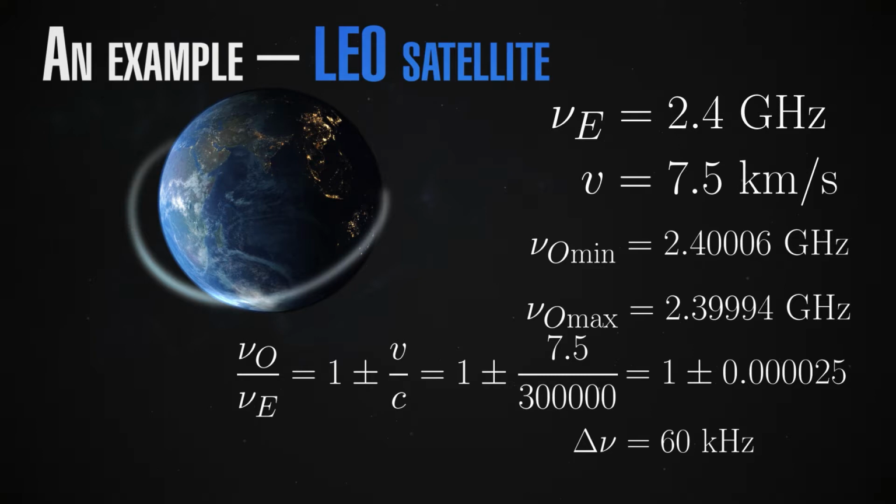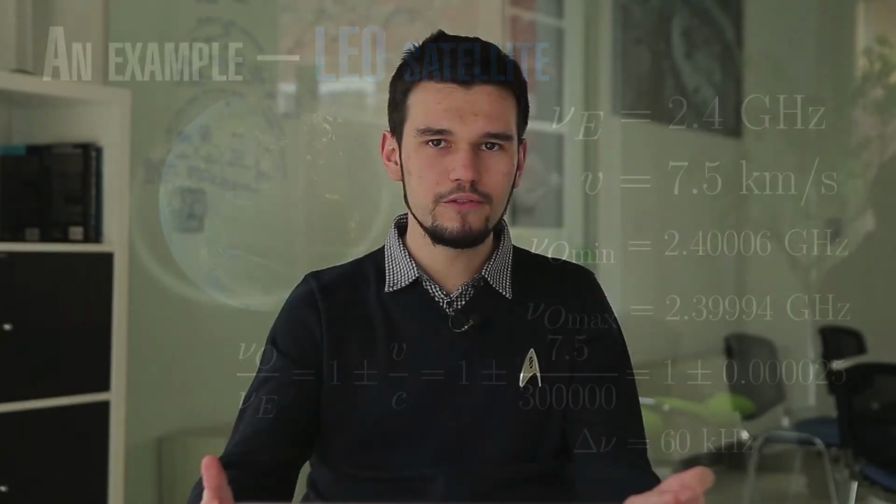Now, we will not go any deeper into what exactly this is going to do to our communication, but it's enough to note that the modulation schemes we're going to consider further along are going to be highly sensitive to small frequency differences. In fact, one of the most frequent ways in which we modulate is going to be frequency modulation, which exactly depends on small differences in the frequency.